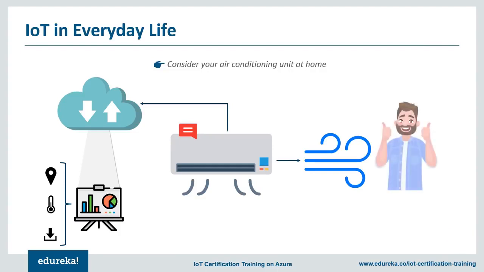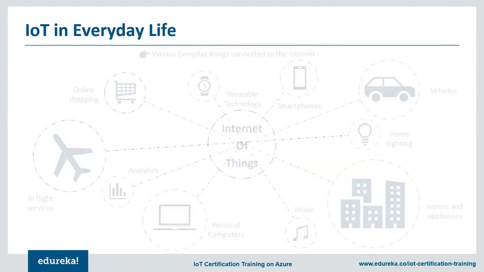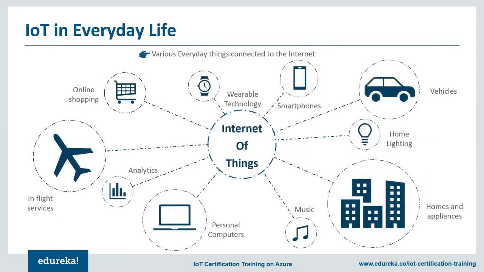Wouldn't that be something? Well, you can remove all the what ifs from the previous scenario, as this no longer must just be a figment of your imagination, thanks to the Internet of Things. IoT can connect your Fitbits to your vehicles, from your smartphones to your in-flight services, from home appliances like your ACs to whole entire cities.